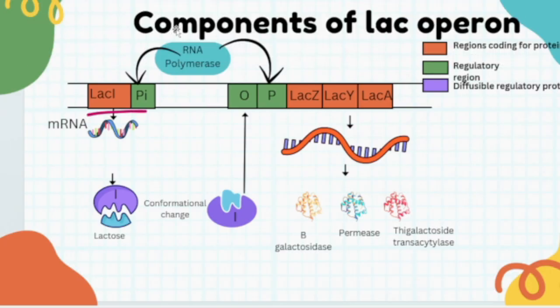So now let us see what they are encoding independently. The first one, Lac Z, encodes for a protein called beta galactosidase enzyme. The goal of this enzyme is to convert lactose into its components, that is glucose and galactose.